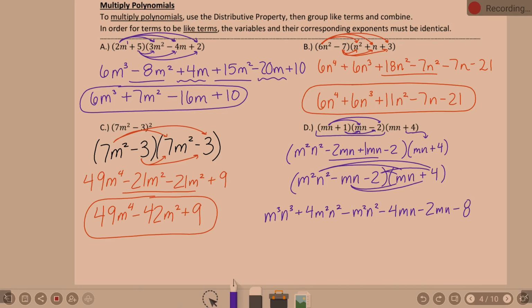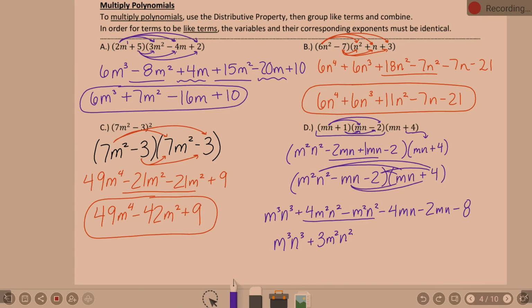Okay. Final step, clean up. I see a couple like terms. So let's see. m cubed, n cubed, as is. Then what? 4m squared n squared minus m squared n squared is going to be 3m squared n squared.